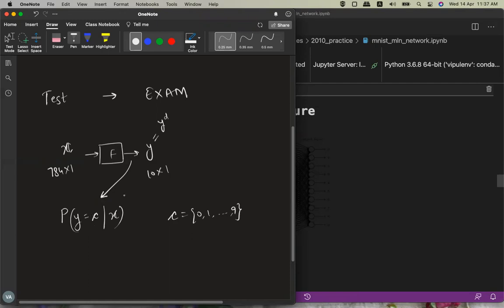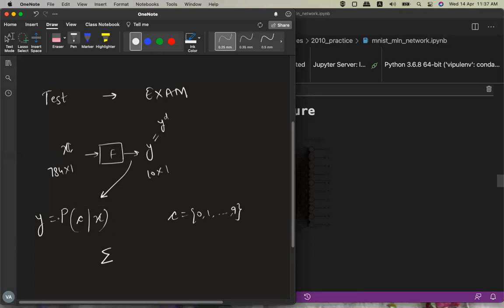To have a probabilistic interpretation, I would like all my y's to sum to 1. So I will say my y is equal to the probability of a class given x, where my class can be any of these.